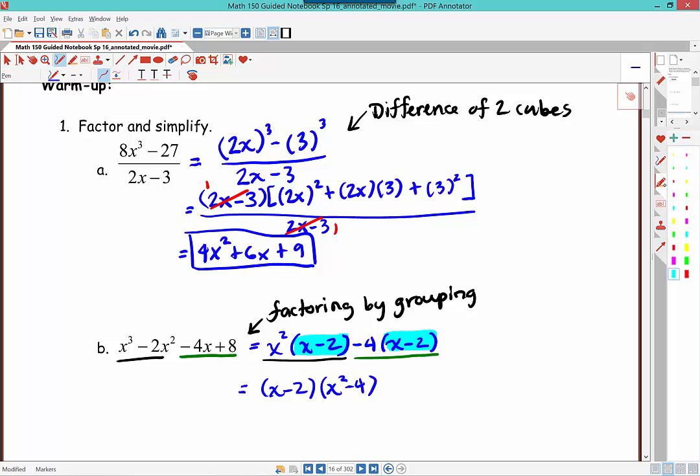But be careful, because x squared minus 4 itself is what? Good. I'm running out of colors here. This is a difference of two squares.